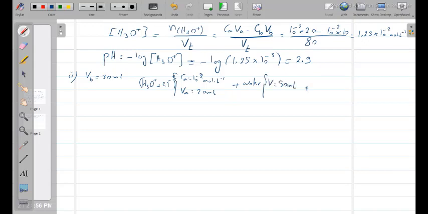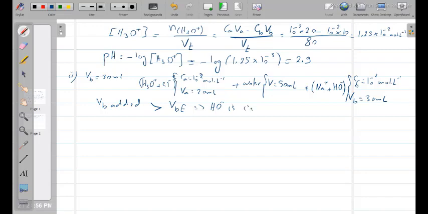Now the volume of sodium hydroxide solution added, of Cb equal 10^-2 mole per liter, we added 30 milliliter of sodium hydroxide. Vb added is bigger than Vbe, then HO- is in excess.